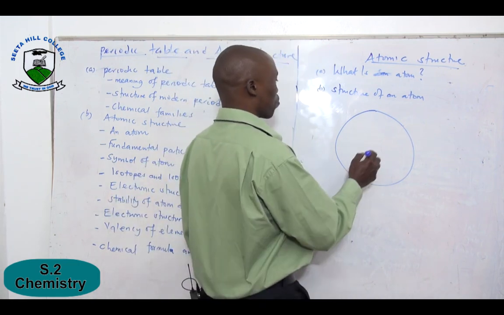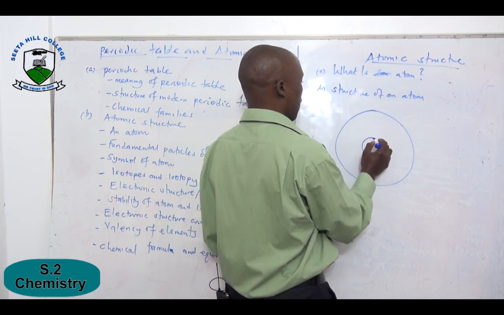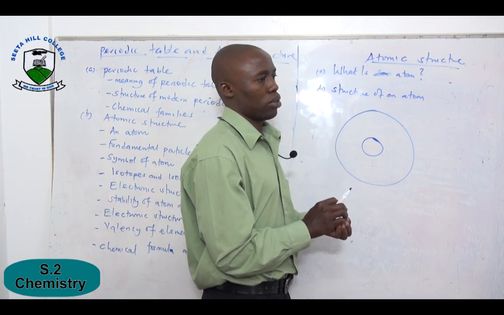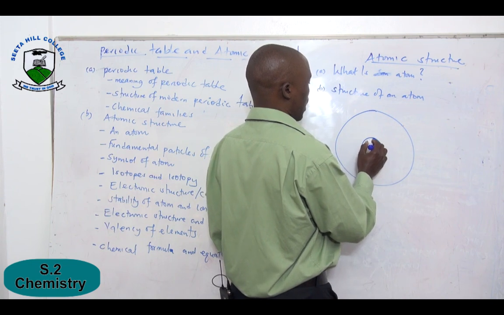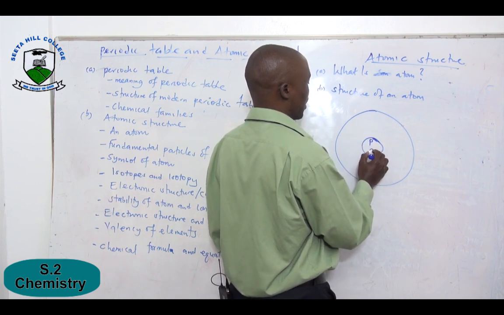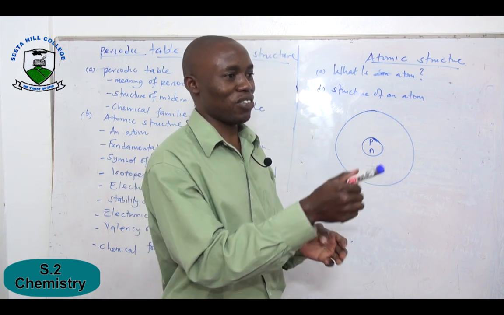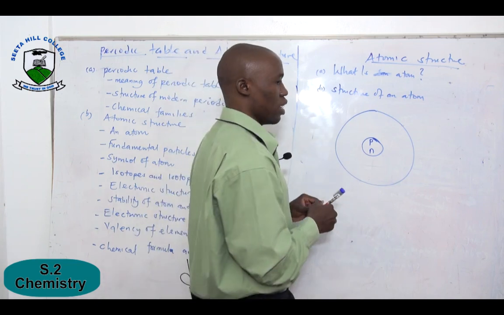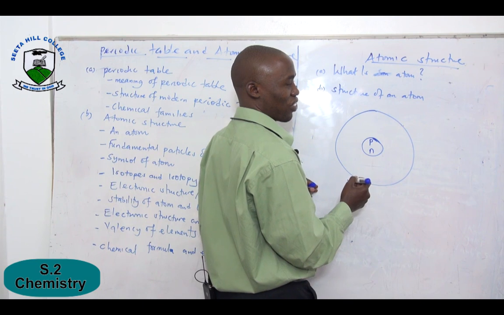But an atom is said to have a smaller region called the nucleus, and that nucleus has what? You've researched protons and neutrons, not neurons, not so.